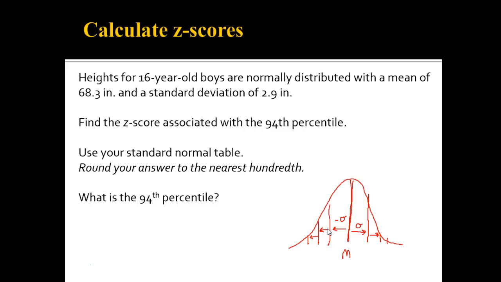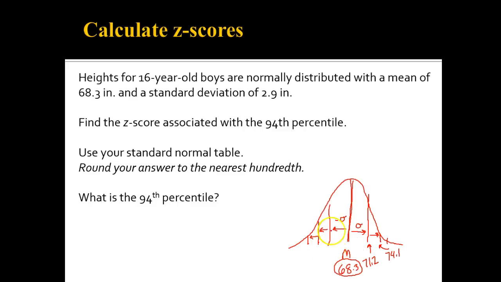So, for example, the one that we have on the board here, the mean is 68.3 inches. That's the number that goes right in the middle, and the standard deviation is 2.9. So the next number for this would be 71.2, and then one more standard deviation up would be 74.1, and so forth.